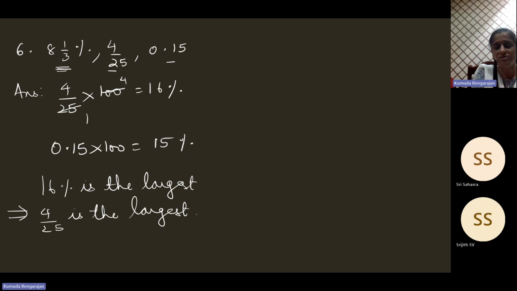Then this is 16%, this is 15%. So 16% is the largest, which means 4 by 25 is the largest.